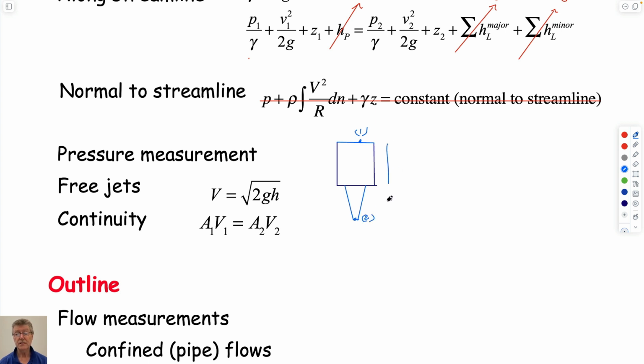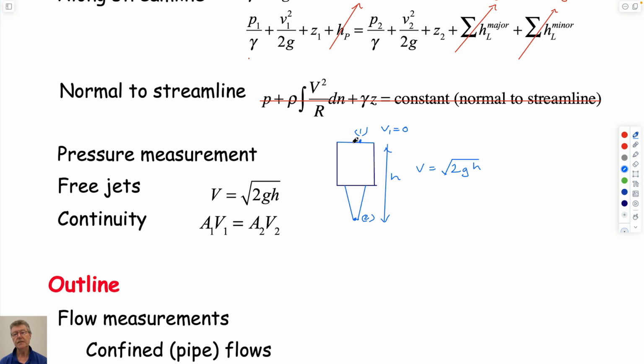We know that if this is a free jet, then this velocity is equal to the square root of 2gh as a standard result. It comes from Bernoulli, from our big tank assumption, V1 equals 0, so that term drops out here. This term is not 0, that's the object of what we want to understand.